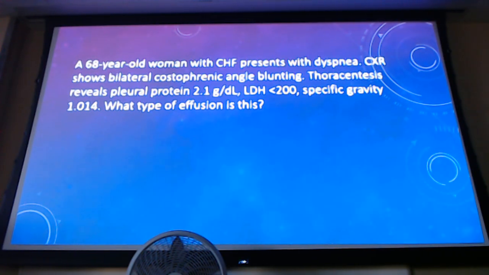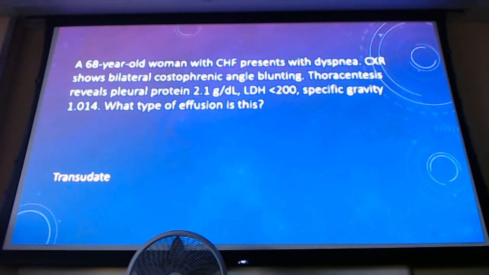High protein. Well, if I didn't say exudative was right, what is it? It is transudative. It's transudative, right? Less than 3. If the protein is less than 3, it is transudative. Okay? What are some common causes of transudative?